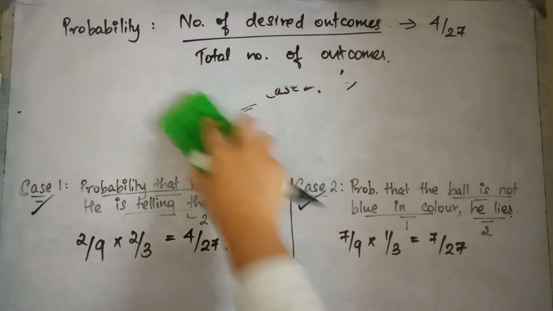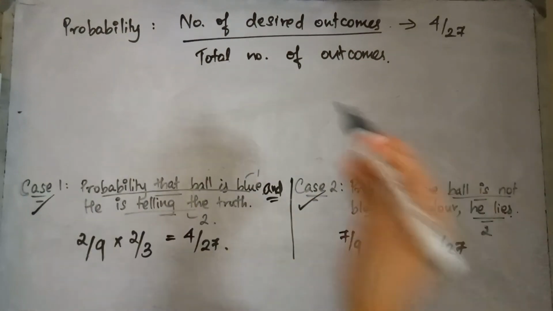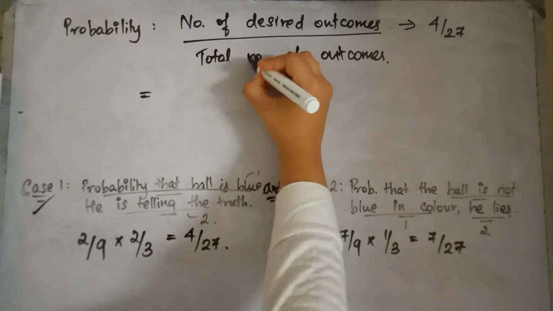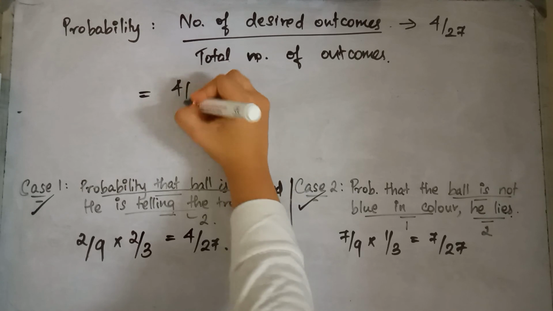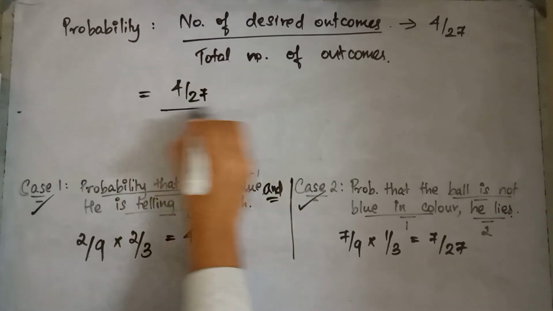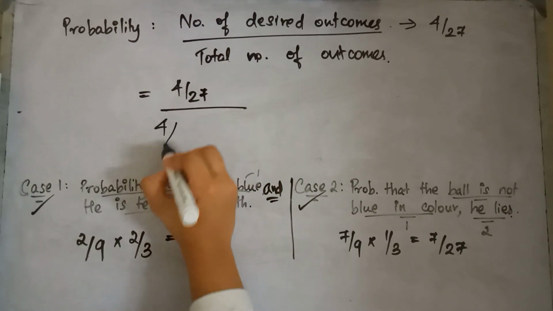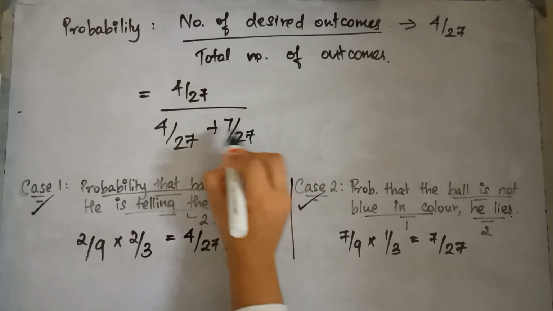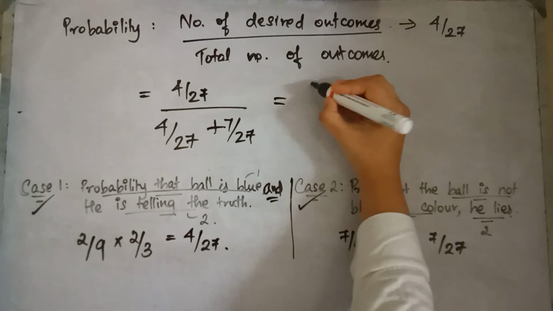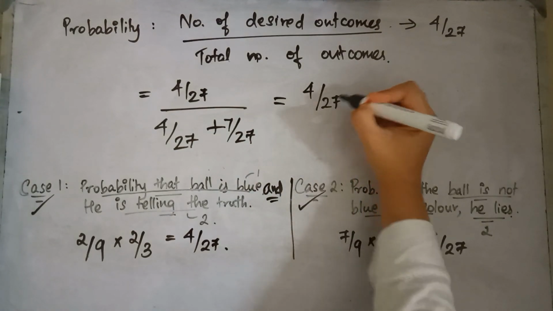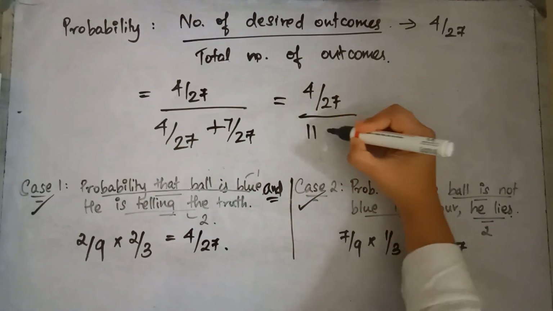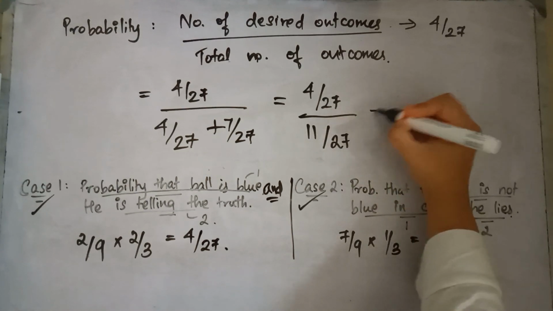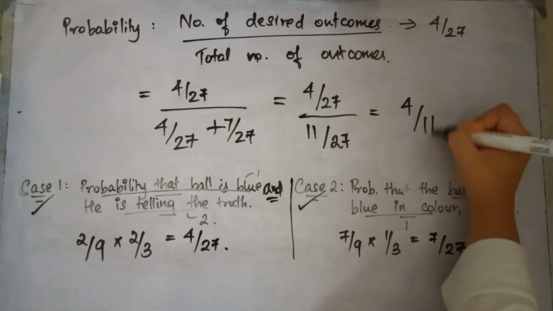Okay? So we'll have 4 by 27, which is the desired outcome, divided by 4 by 27 plus 7 by 27. And this will give us 4 by 11.